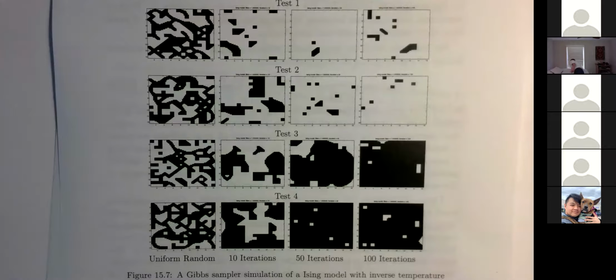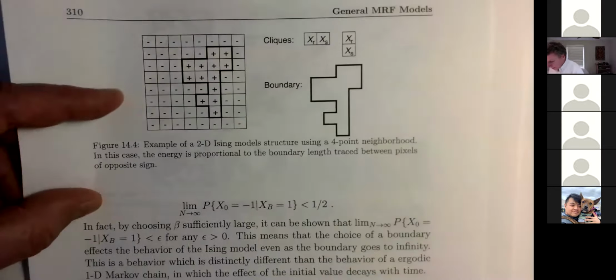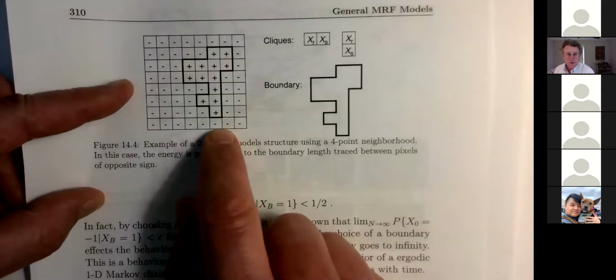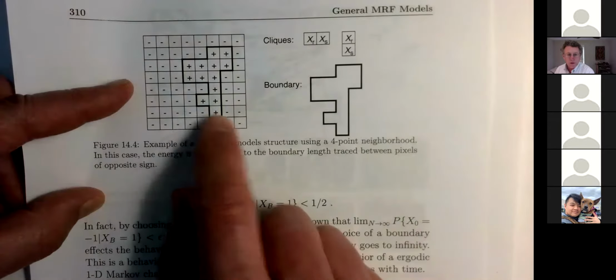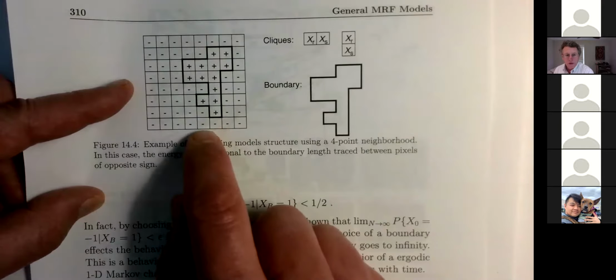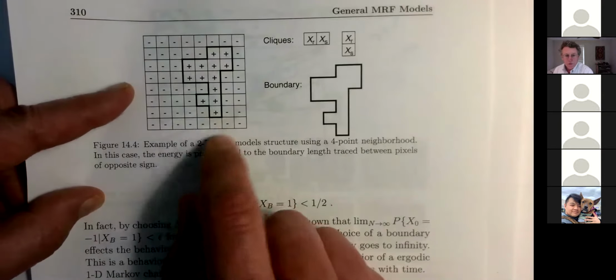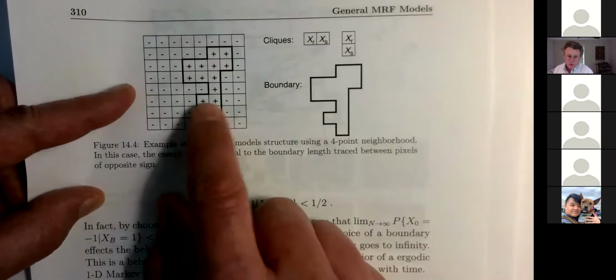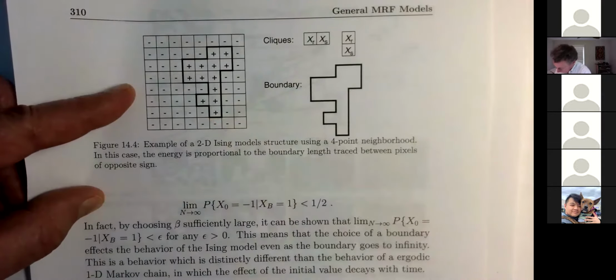I think that's chapter 14. Is that correct? Yeah, so you have pluses and minuses, and the distribution can be used to model the distribution of thin materials that are magnetized. And so this was a really important problem that was considered around the Second World War, and amazingly they came up with some solutions to it.